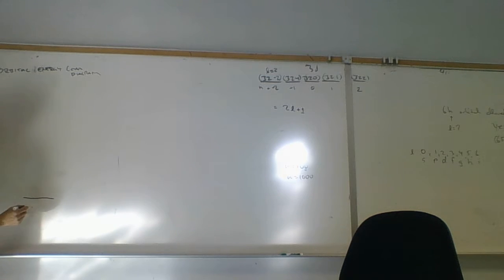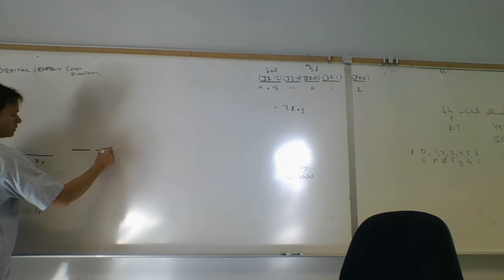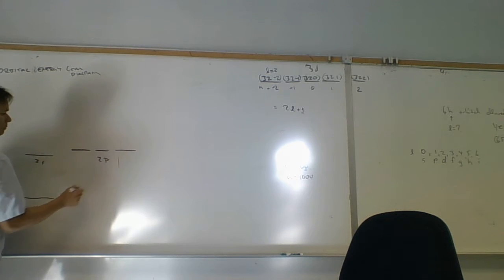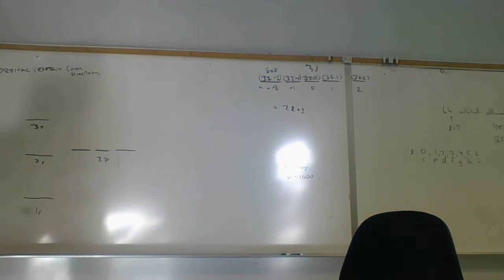The lowest energy orbital is going to be the 1s orbital, like this. That's going to be followed by the 2s, which is followed by the 2p, but the 2p aren't that much higher. Followed by the 3s. Now, there's a big jump between the 1s and the 2s.